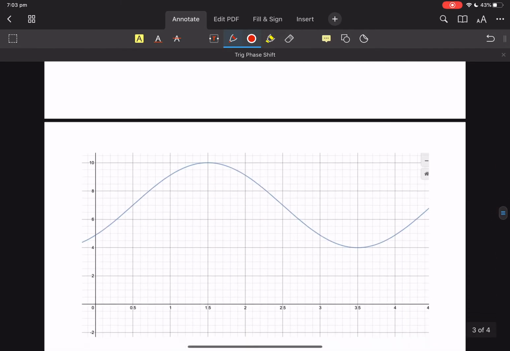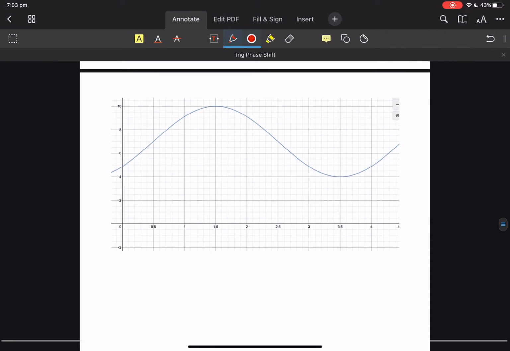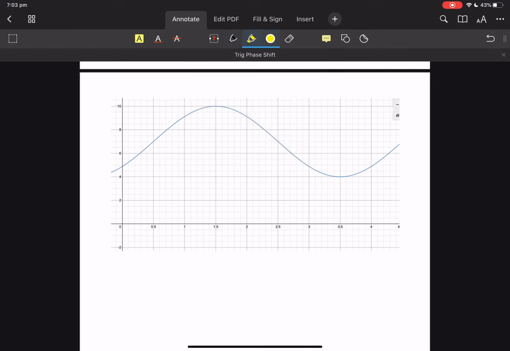Okay, so that's sketching. What if I give you a graph and say, hey, there's a graph, what's the function? So you can see here that it doesn't start either in the centre of motion or the top or the bottom. It's over here, so we know there's a phase shift.